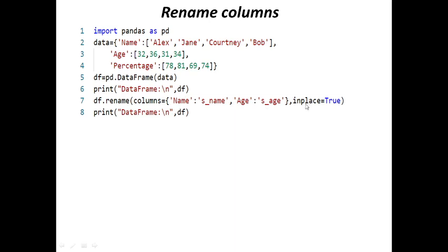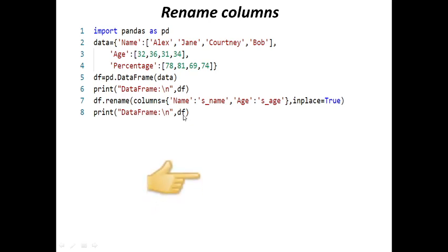And then the next parameter is inplace. We are writing inplace equals True. So we are going to change the existing data frame. That's why we have written inplace equals True. By default, its value is False, as we have discussed in the previous lecture. Now we are printing the value of df.